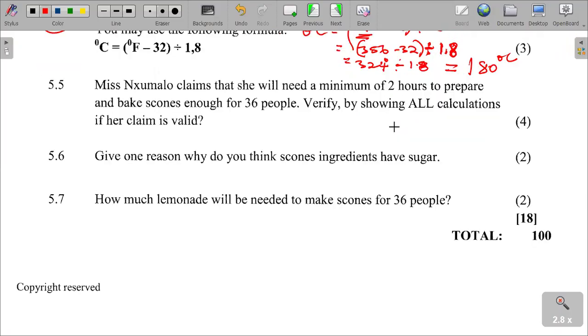So we go. Miss Ngamulo claims that she will need a minimum of 2 hours to prepare and bake scones enough for 36 people. Verify by showing all your calculations if the claim is valid. Almost similar to the previous question that we did.